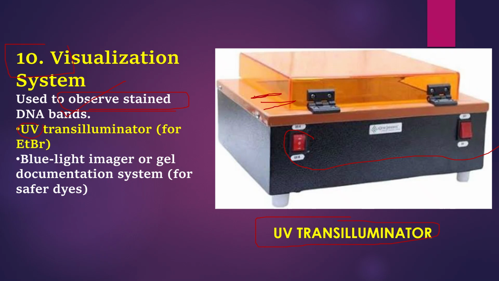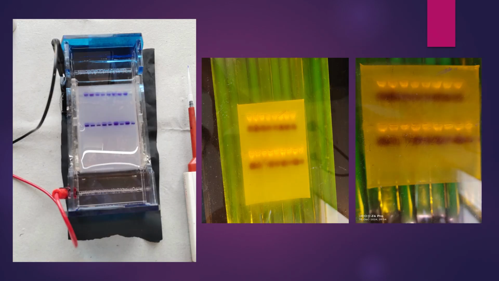A blue light imager or a gel documentation system can also be used, but generally the UV transilluminator is used for visualization of the DNA bands. As I showed you earlier, these are the UV tubes inside the apparatus, and the bands are orange in color. This is how the gel will look after visualization.